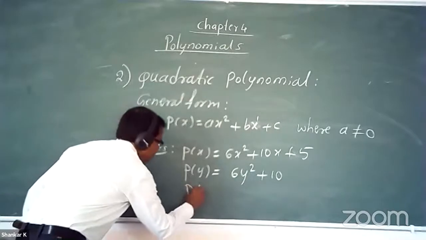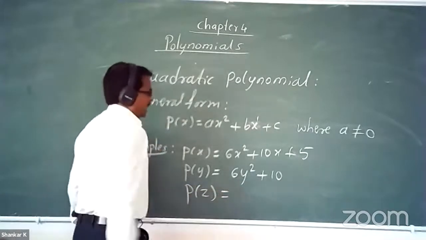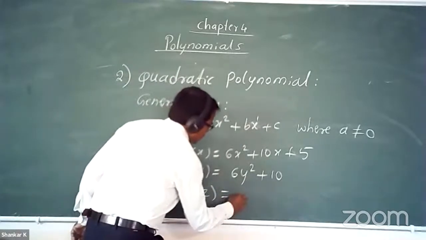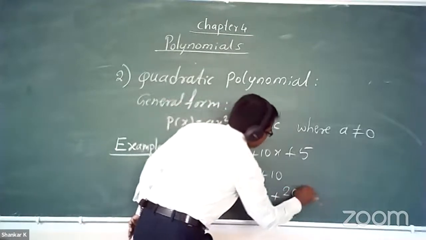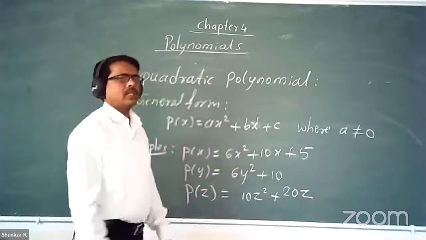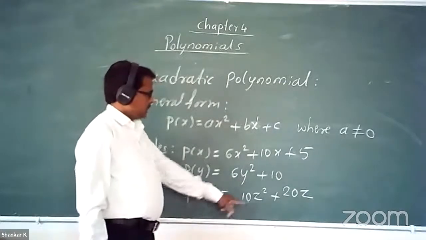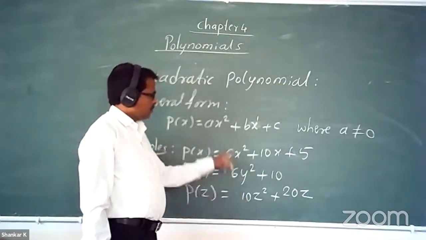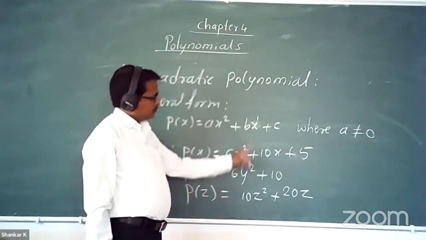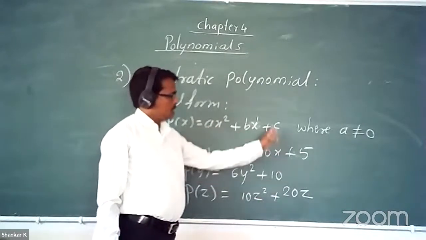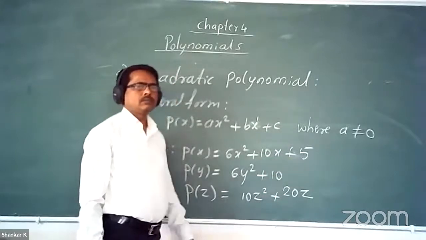P of z, you can take any example, say 10z square plus 20z. This is also a quadratic polynomial. The z square term is there. A is how much? 10. B is 20. C is not there, so 0.